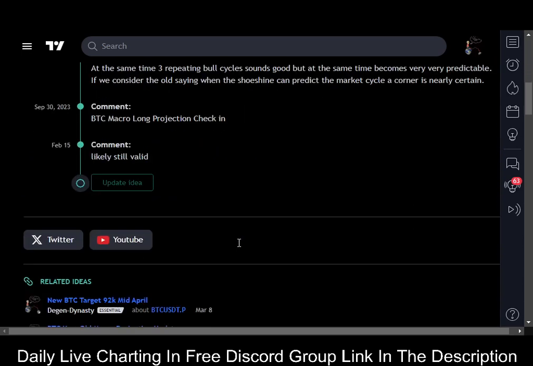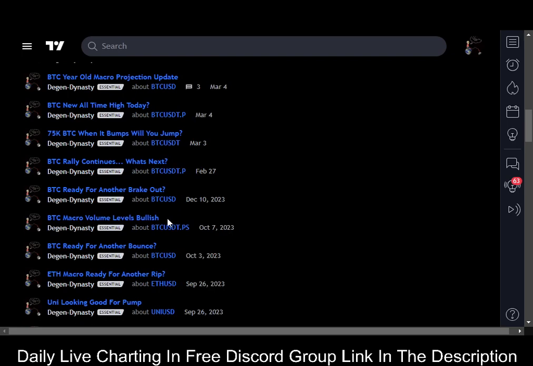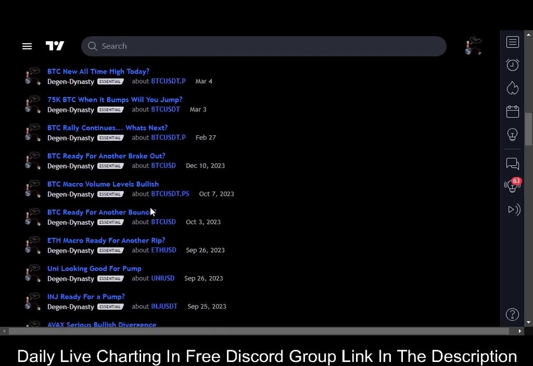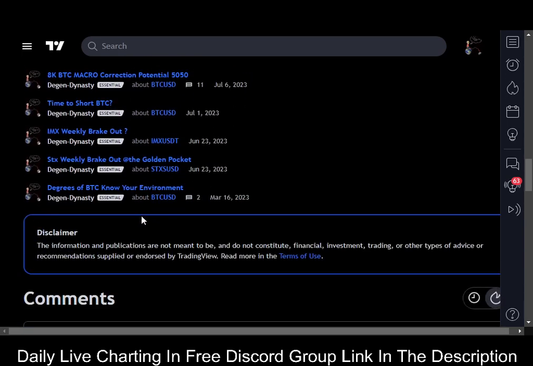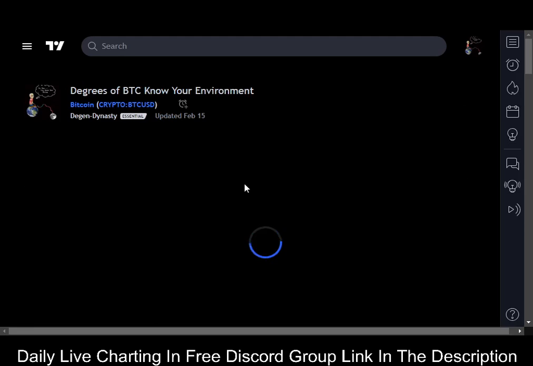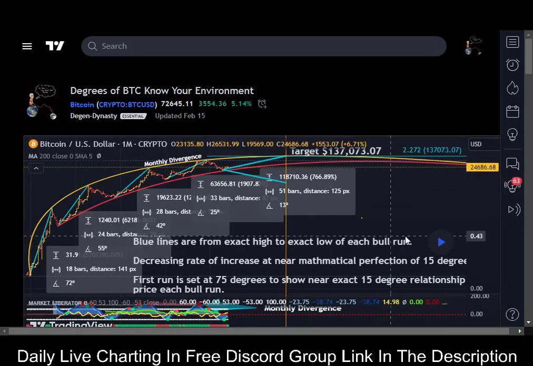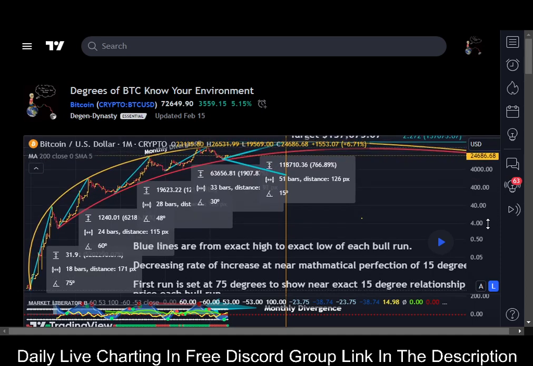Excuse me. And we have one more slightly older forecast, right here from March 16th of last year, that is highlighting the rate of change here. And all these charts are on our TradingView page under Degen-Dynasty.